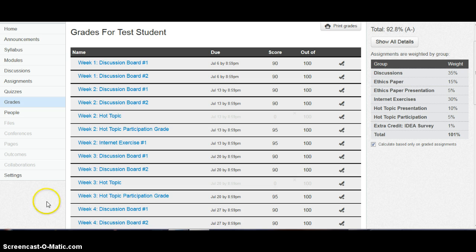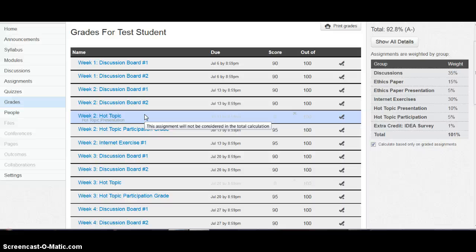So if you hover your cursor over some of these grayed out sections, you will see this assignment will not be considered in the total calculation for your grade at the end of term. Do not be alarmed. The Canvas gradebook has set up a rule for Hot Topic presentations to use the highest score to tabulate the final grade for the course for this assignment.